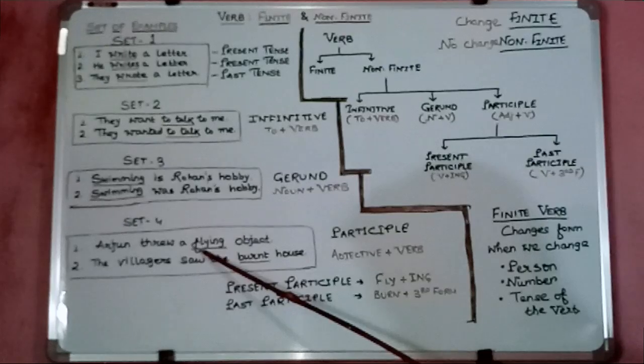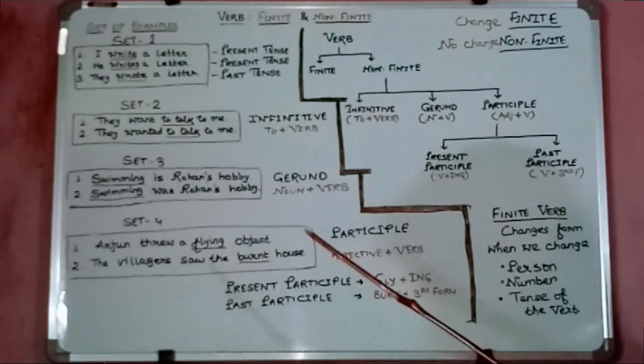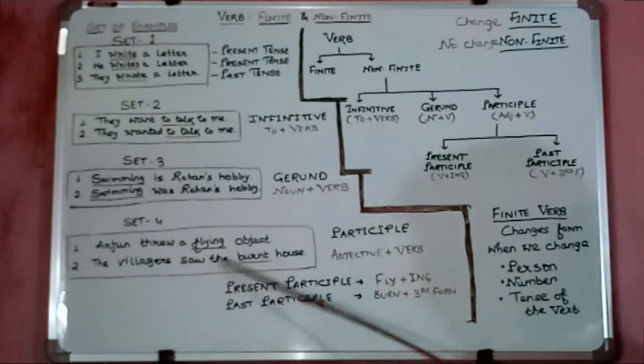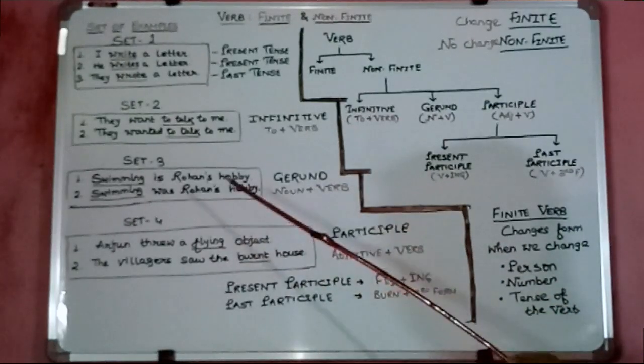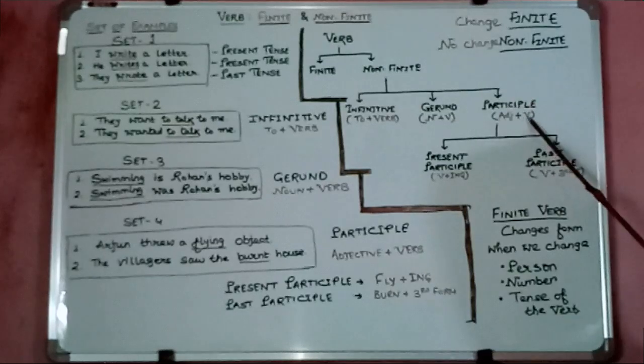Now this particular word, flying, looks like a verb, an act, but it acts like an adjective. So when the verb acts like an adjective, obviously it is known as participle, adjective plus verb.